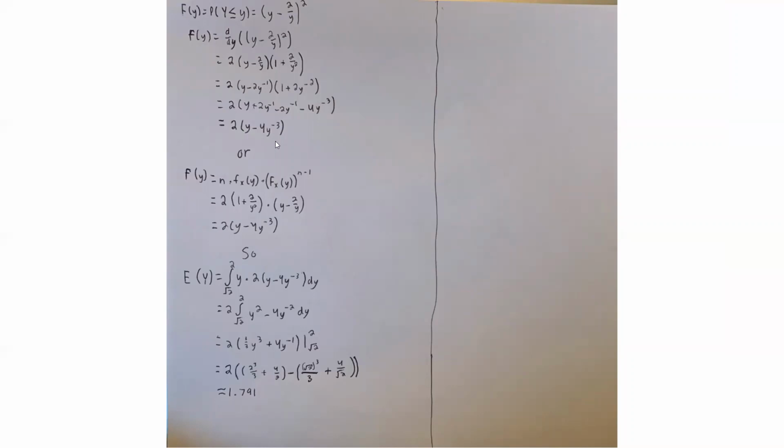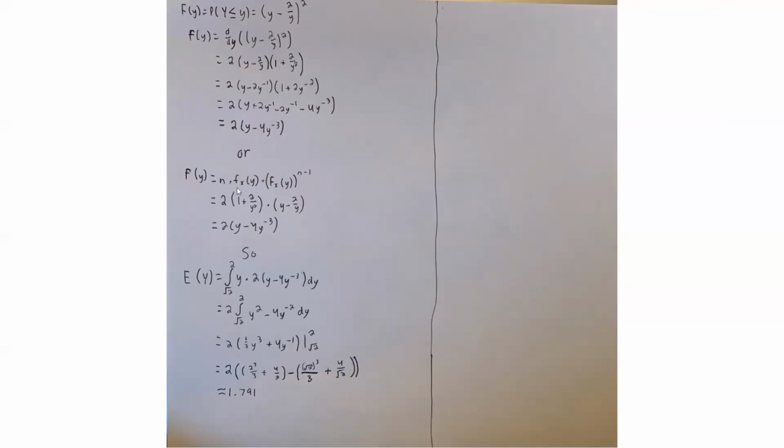Or we can use the formula that Connor figured out in his last video, if you don't want to take the intuitive approach. The formula is right here: n times the PDF times the CDF to the n − 1 power.